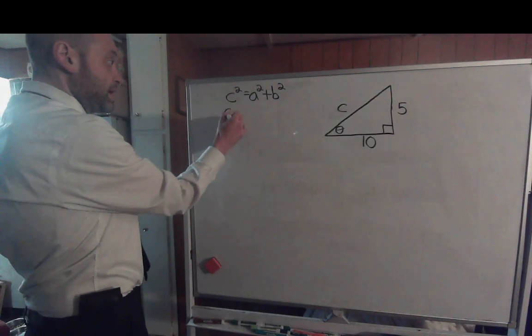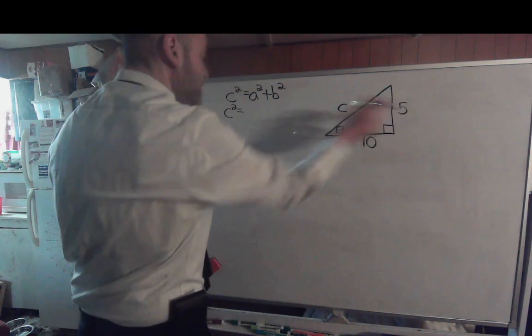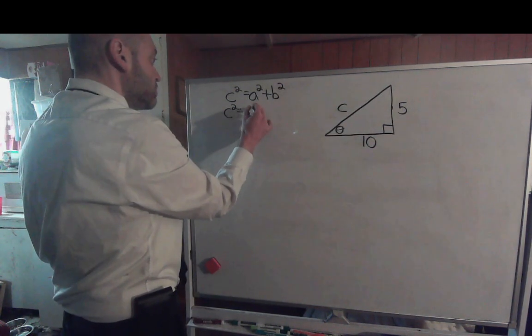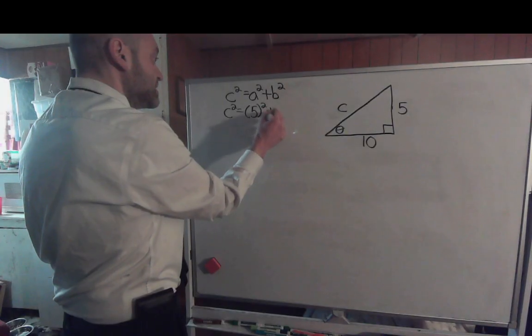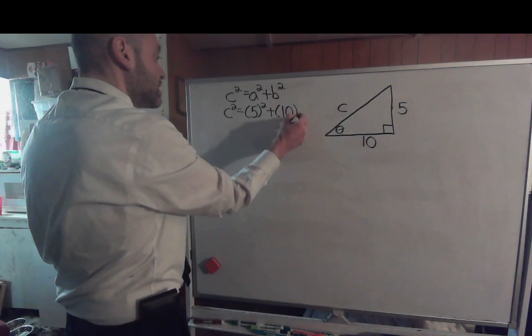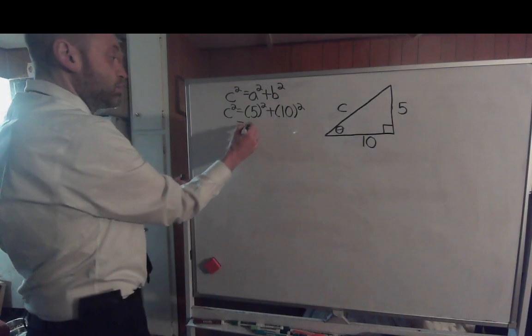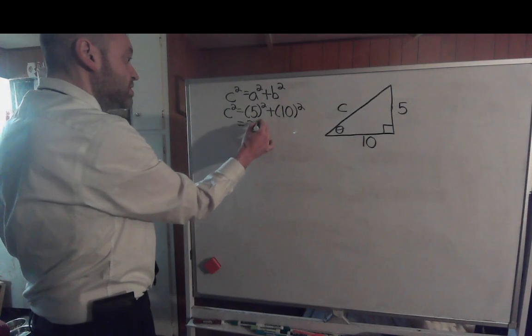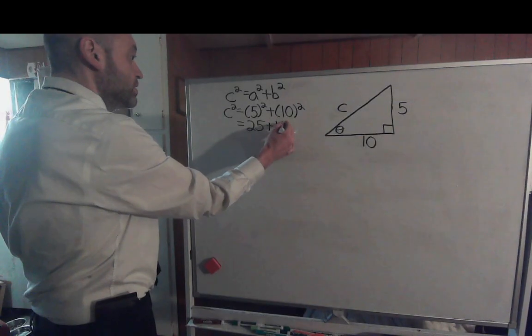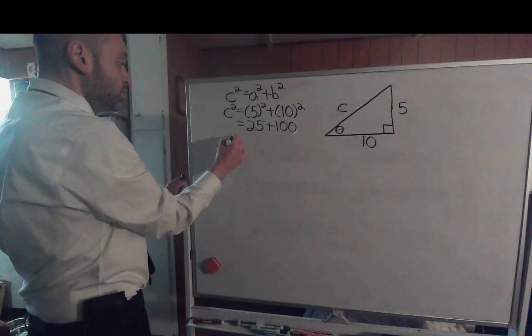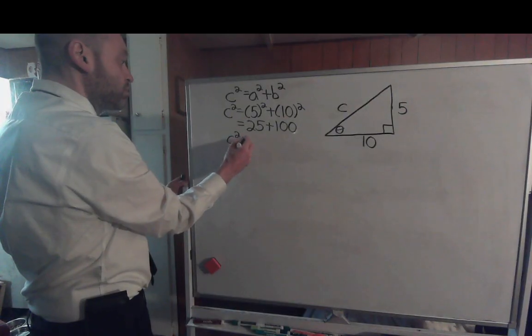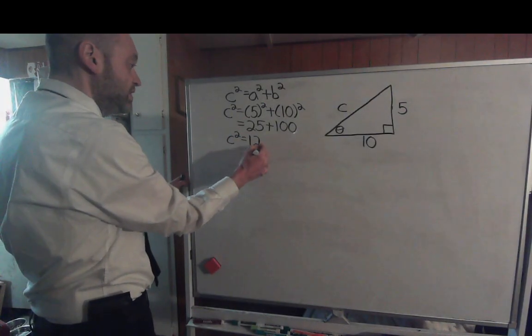So C squared would equal your A, we'll make that 5, so 5 squared plus 10 squared. So that would equal 25 plus 100, which means your C squared would have to equal 125.